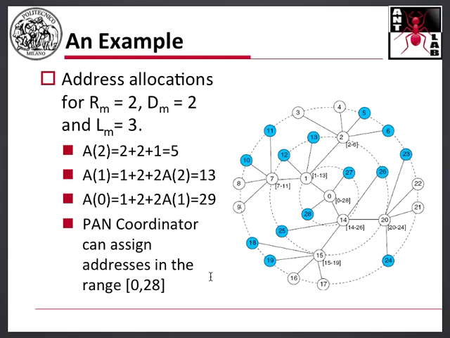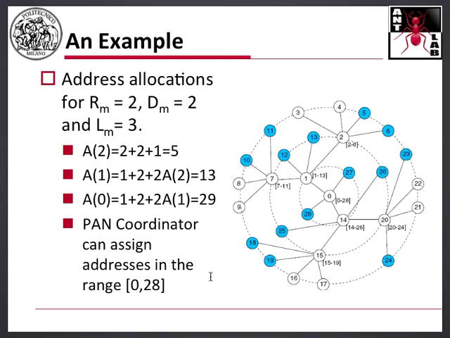In formula, this means that this guy needs one address plus 2 addresses for the end devices which are children of this guy here, plus one block of addresses for all the ZigBee routers which are node 15 and node 20, which are children of node 14.